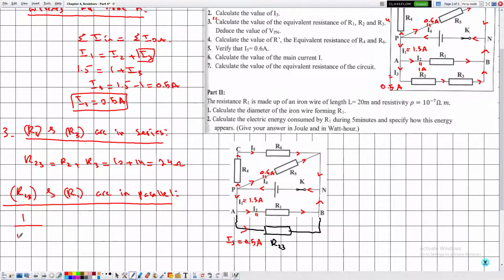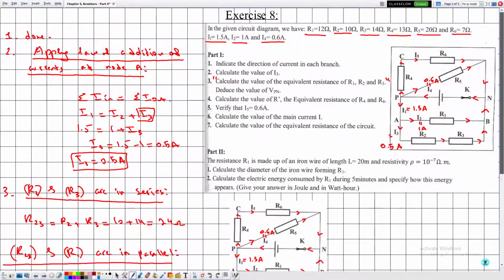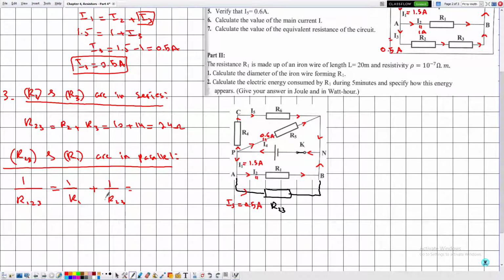So 1 over R123 is equal to 1 over R1 plus 1 over R23. The value of R1 is given by 12, and this is 24. Now here you need to consider we are adding two fractions, so you need to consider the common denominator and the simplest form of a fraction.